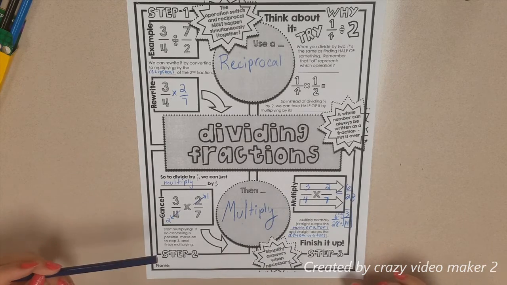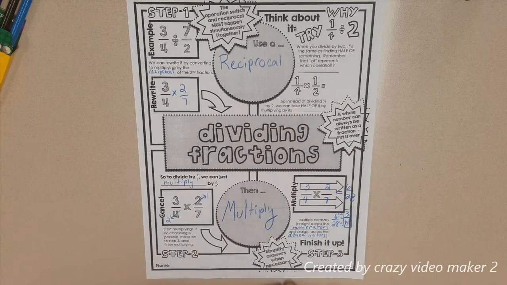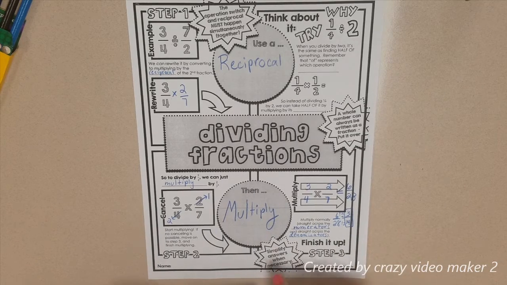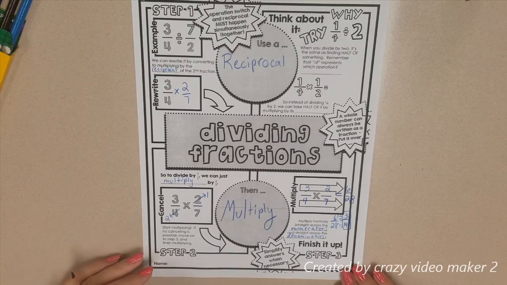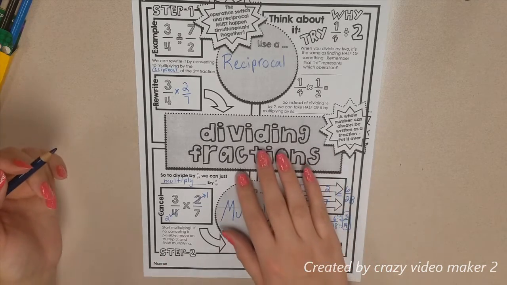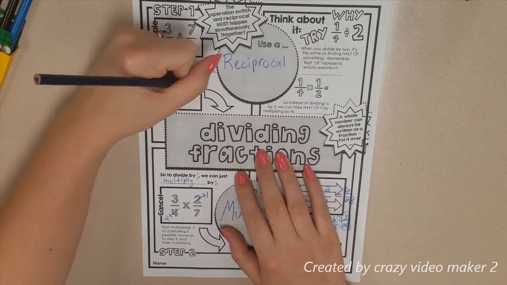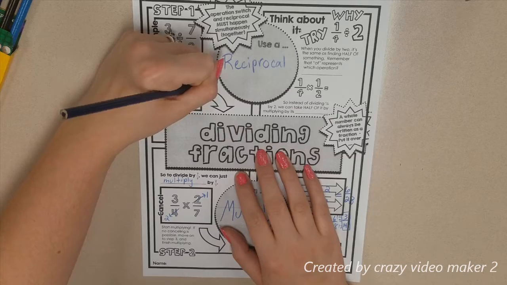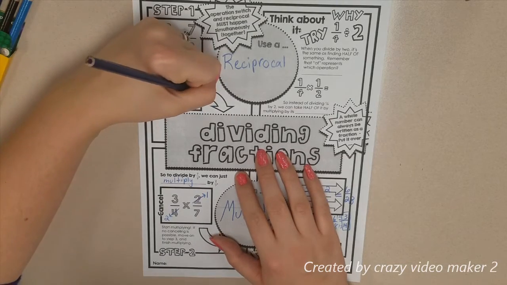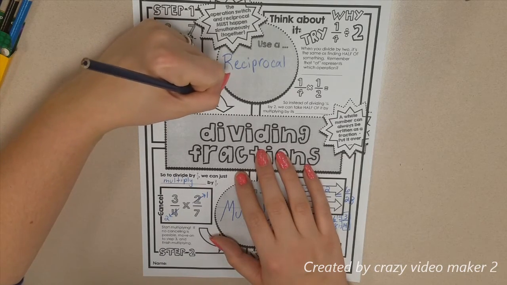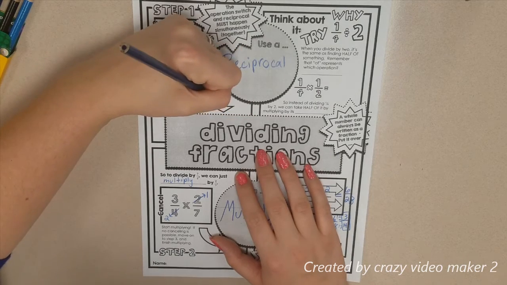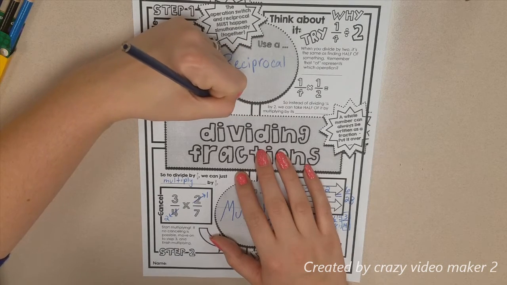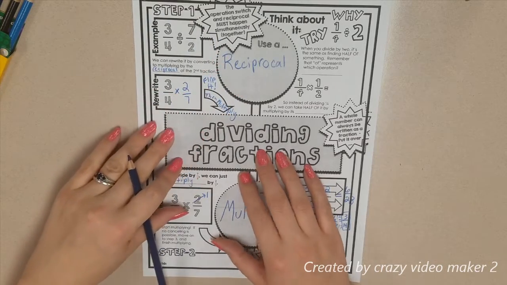Okay? And then the last part is make sure that you simplify. So a couple little things we'll add in here. So remember to flip it and then multiply. Okay, and again, these are your doodle notes.